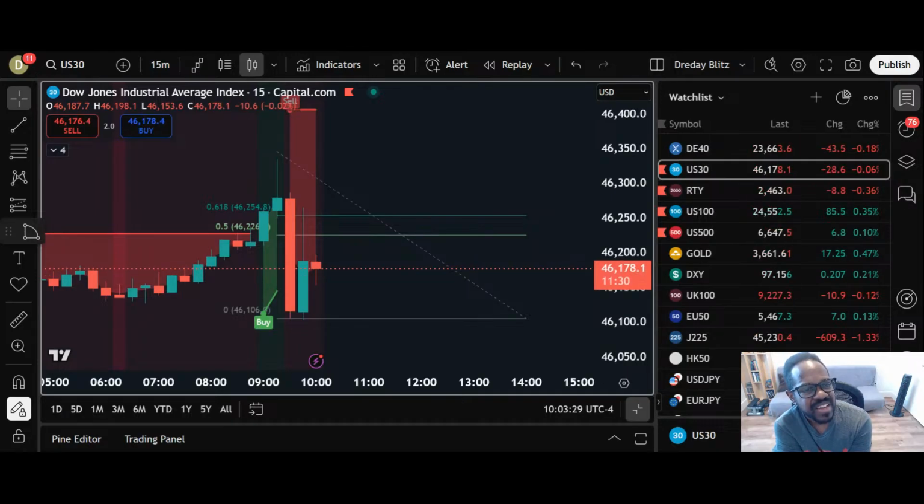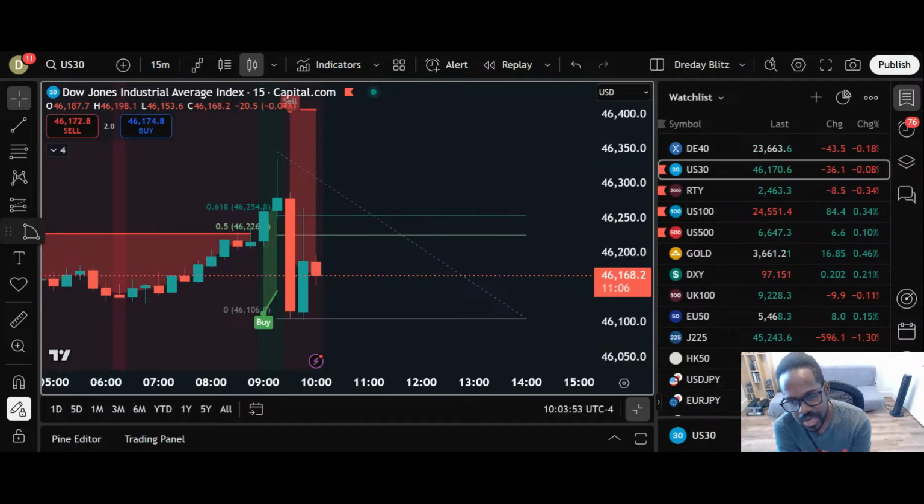I'll see exactly how I'm going to do it, and maybe offer a few days for free to test it out. But it's not free, guys, because it's giving you a lot of entries in regards to multiple indices specifically. You have the Asian indices, the London indices, and the US indices. So it's really indices based.